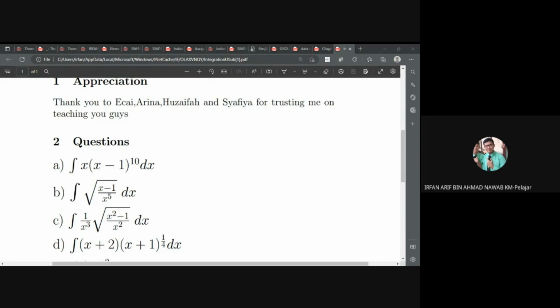All right, so now we have this particular question. How do we solve it? By using substitution, because all of the questions that I wrote here just use substitution. So let's try to solve one. Hopefully we could do it. Now, for question A, wait, let me share my tablet screen.